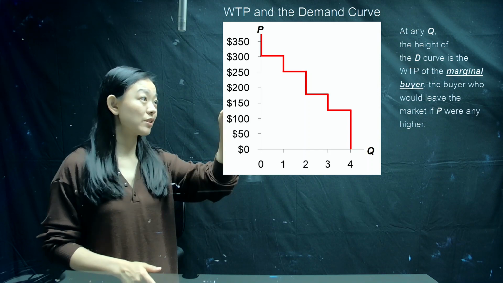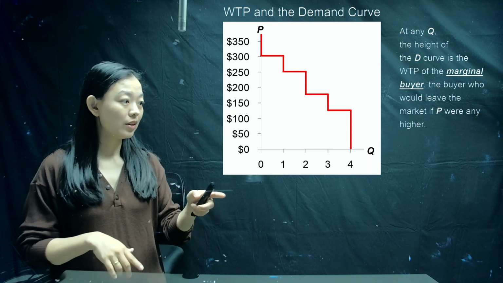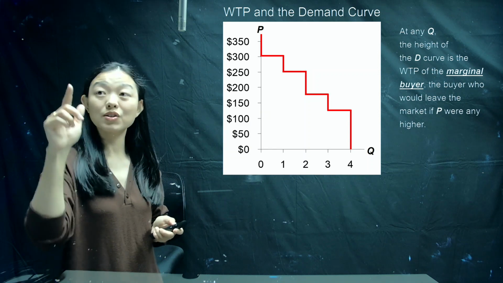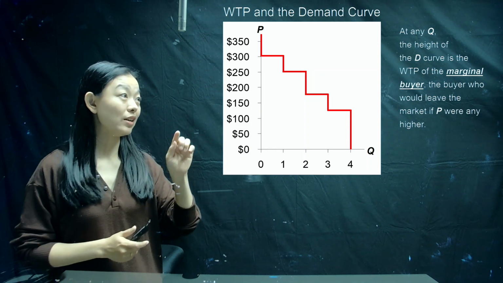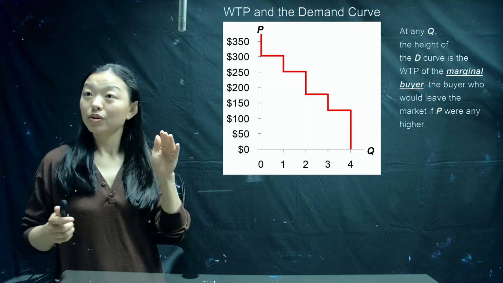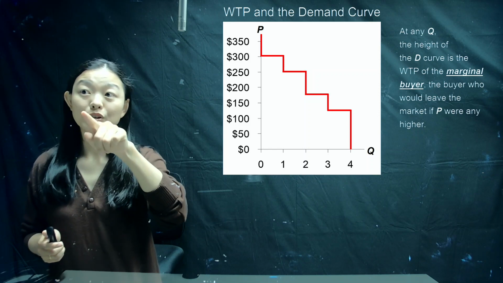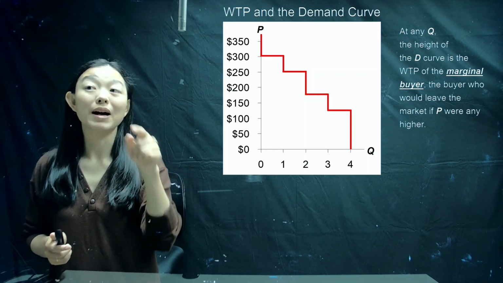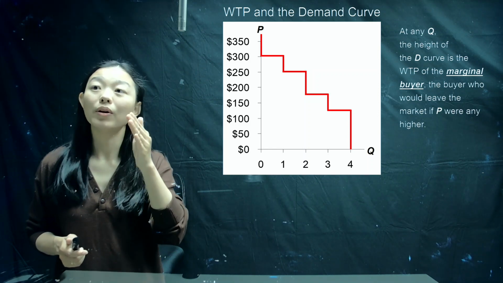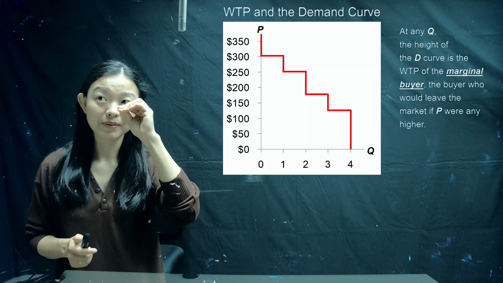So you can look at the height when the quantity equals 1. When quantity equals 1 in this staircase demand curve, you can see the price is $300. Who is the marginal buyer? Flea is the marginal buyer, right? Because he will leave the market if the price changes a little bit higher.